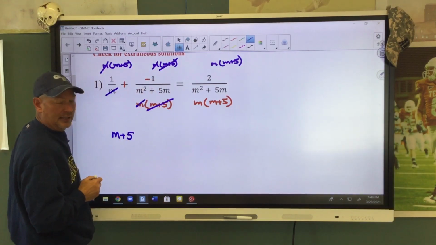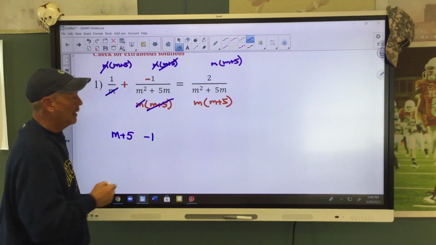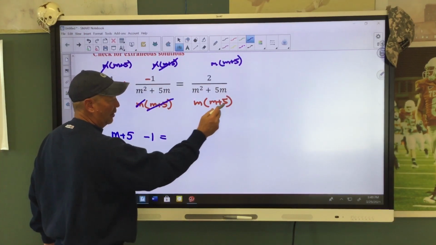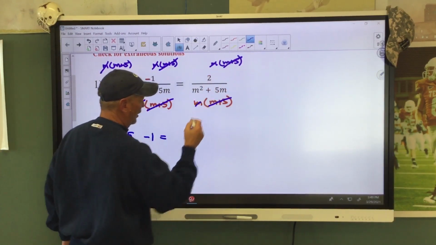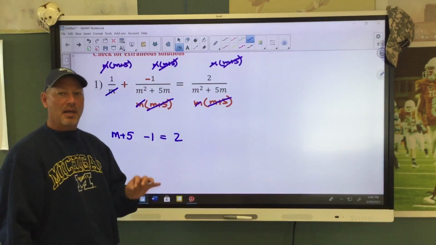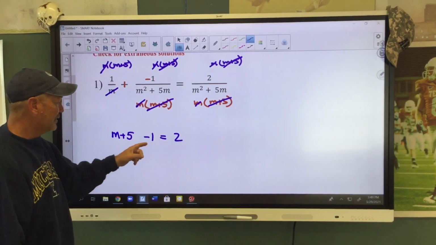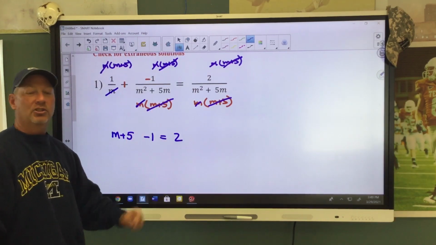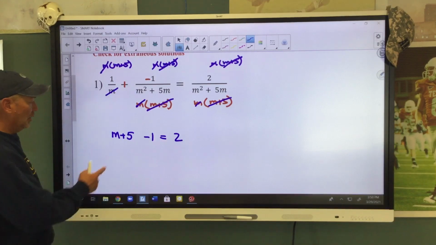All I'm left with is a -1, equals. Here, the m's cancel, the m plus 5 cancels. I'm left with a 2. So when you multiply by the common denominator, the fraction will go away, and this is a much, much easier problem to solve. Okay? So what do I have?